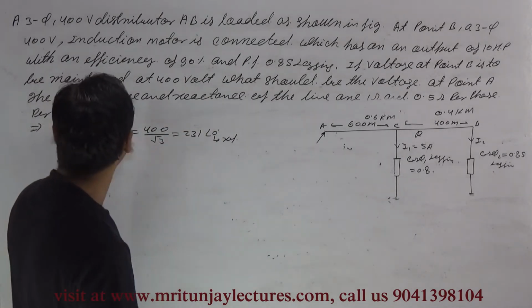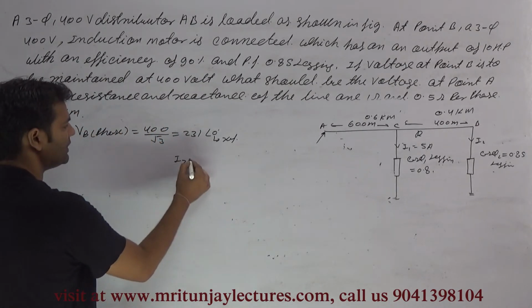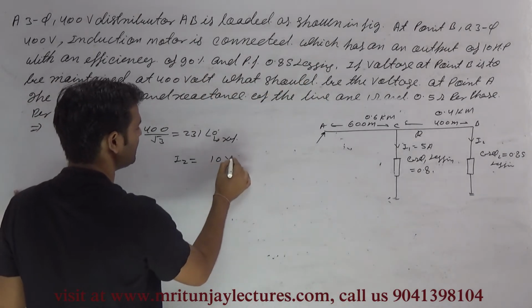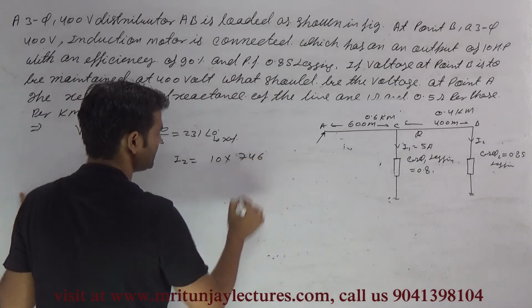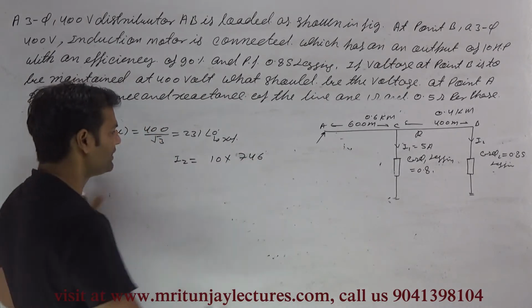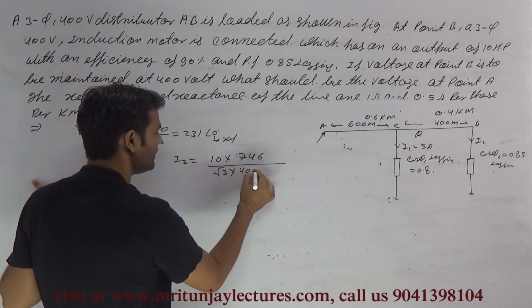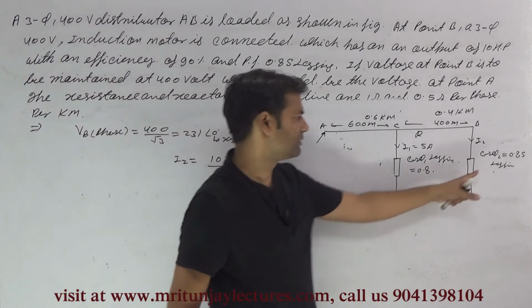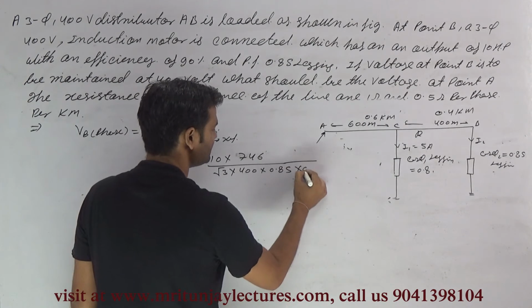And efficiency like this one. So first of all determine I2. I2 is, power is given as 10 HP, means 746 converted in watt, divided by root 3 into line voltage, that is 400, into power factor 0.85, and efficiency 0.9.